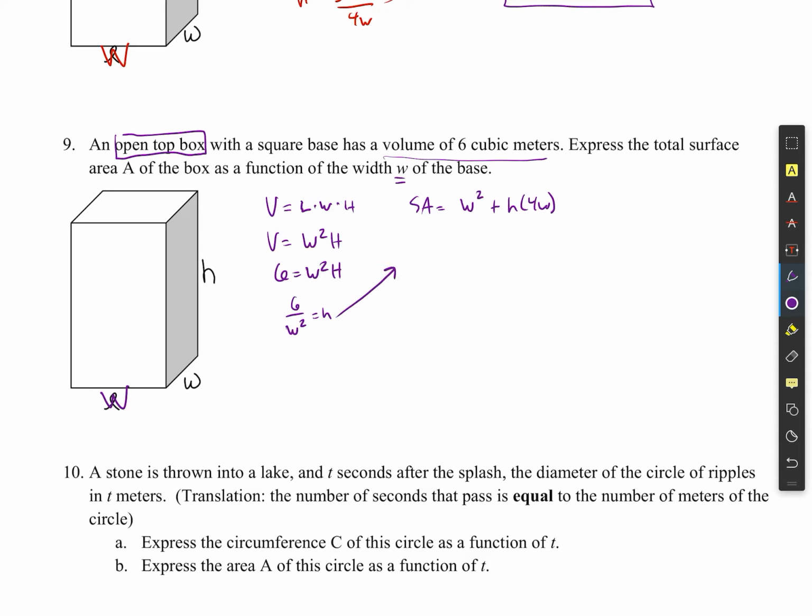Plug in. w squared plus 6 over w squared times 4w equals surface area. Surface area equals w squared plus 24 over w. That's our final answer.